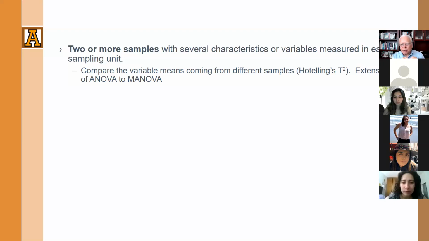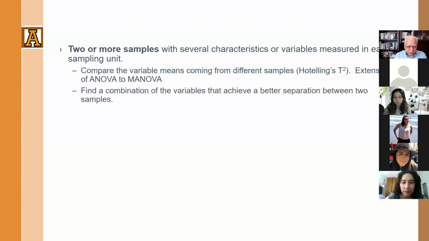Remember, in the univariate case, we use the t distribution and the F distribution to do some tests. The extension to the multivariate case of the t distribution is called Hotelling's T-squared distribution, and the extension of ANOVA is called MANOVA, multivariate analysis of variance.